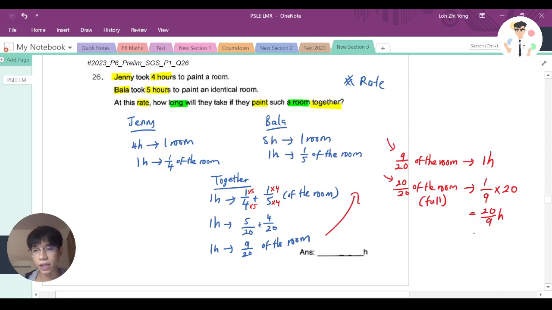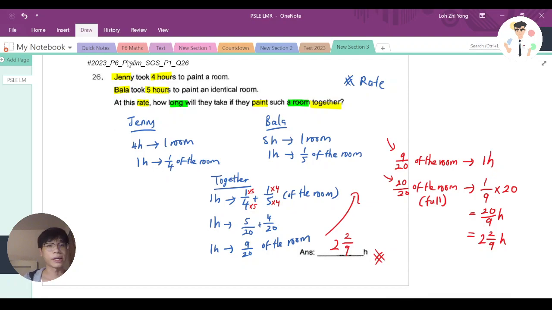And of course, we can actually convert this into something we call a mixed number. So it'd be 9 times 2, 18, 2/9 hours. So the answer will be 2 2/9 hours. And we are done. Okay? Again, this is a very common question, and we actually practiced this question in class before.